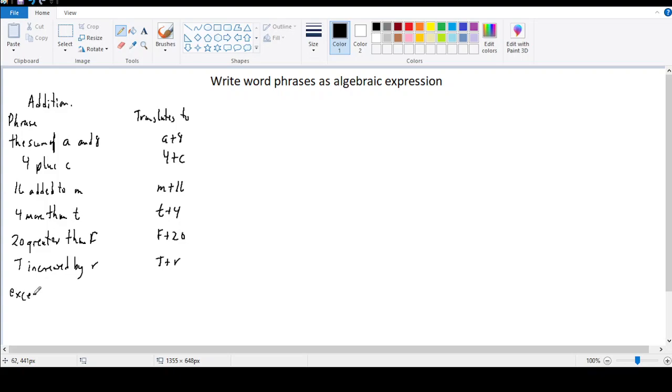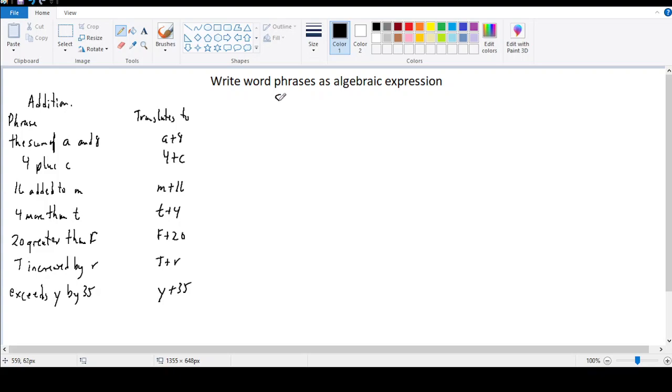Exceed y by 35, that means y plus 35. So this is how we can put these phrases into algebraic expressions.